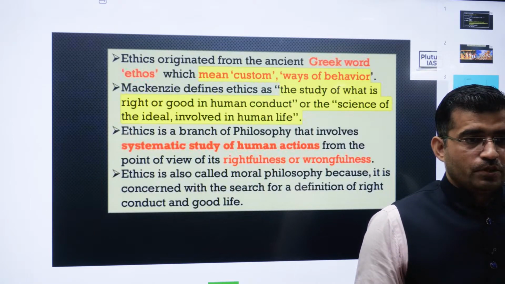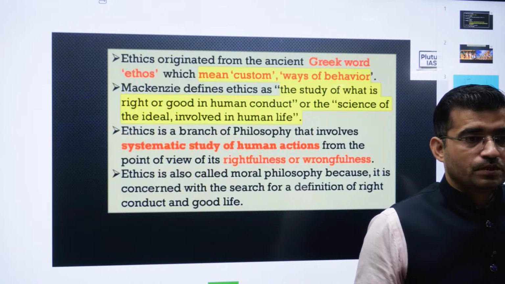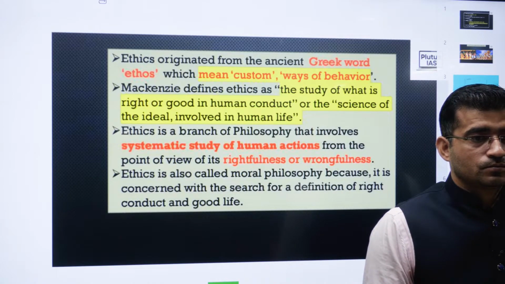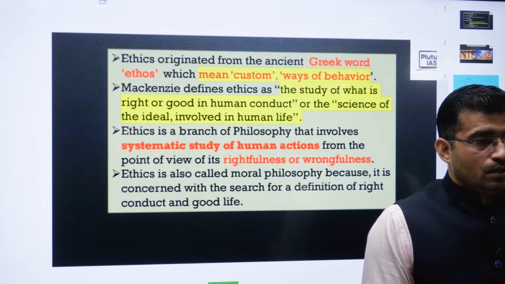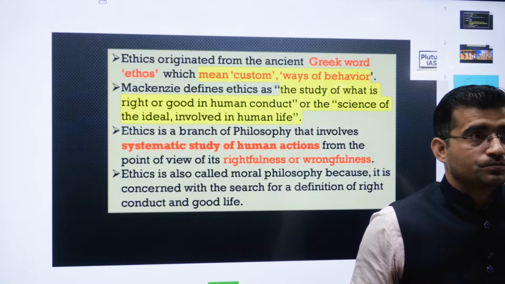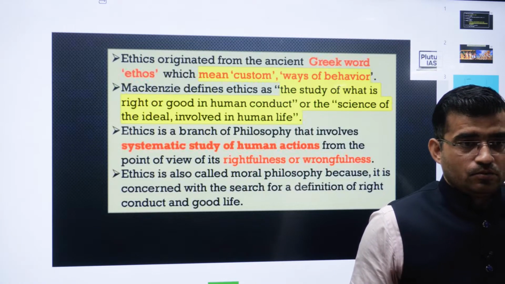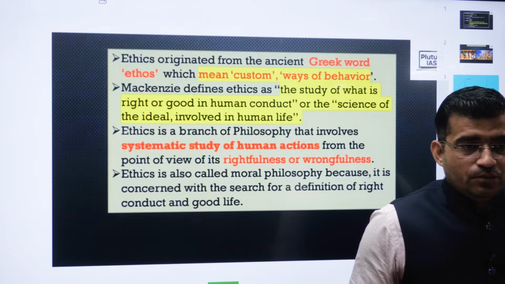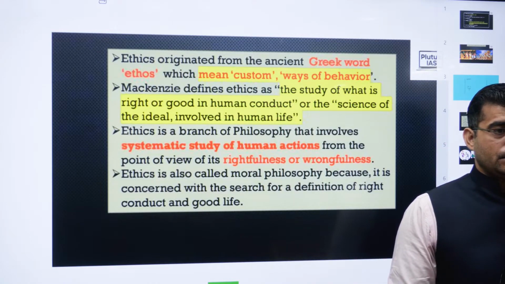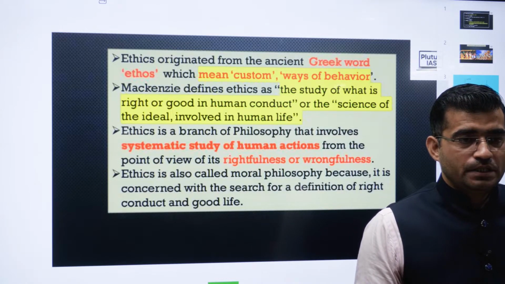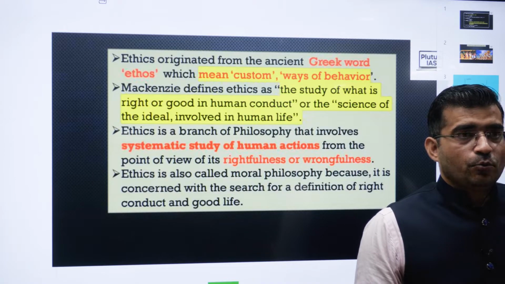Next point. Sometimes ethics is loosely compared with morality.